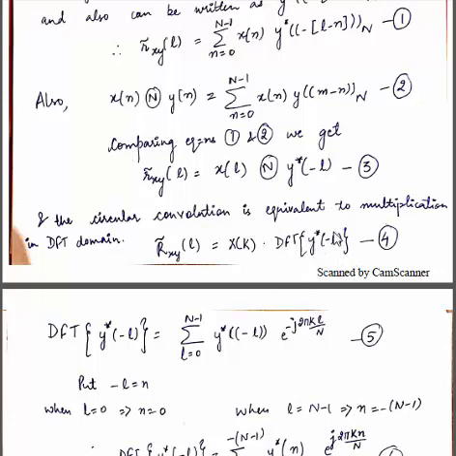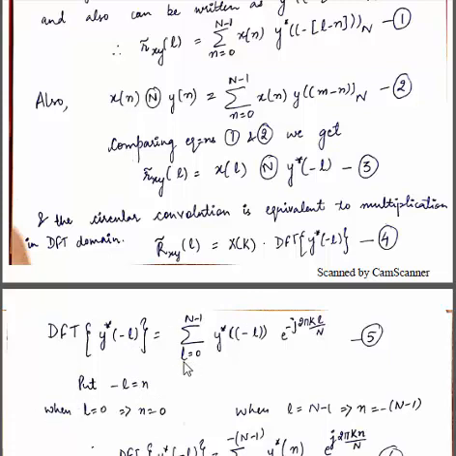Now we have to find the DFT of this sequence. Using the definition of DFT, the DFT of y conjugate of minus l is equal to summation, where the variable is l instead of n, so summation l from 0 to N minus 1 of y conjugate of minus l e raised to the power minus j 2 pi k l over N. Now put minus l equal to n. By putting minus l equal to n, the range of summation also changes.